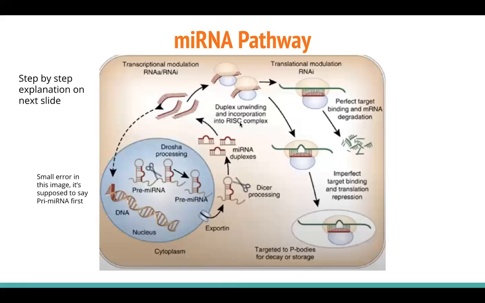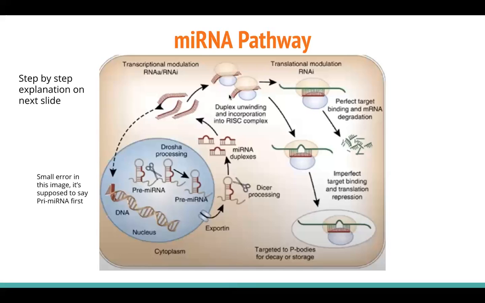Yes, that's exactly right. Because the miRNA has to be able to bind to the mRNA that it wants to get rid of. If it keeps the strand that has the exact same sequence, it's not going to bind to your target mRNA. So it's going to get rid of the strand that has the exact sequence, and keep the strand that has the complementary sequence.